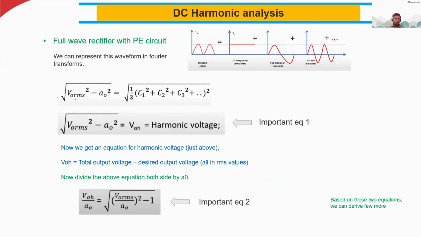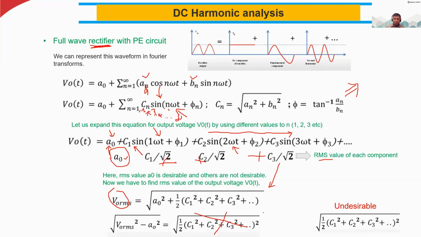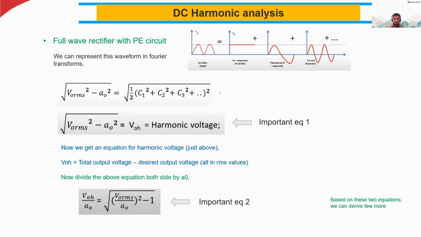Okay, so now square root of VO RMS square minus A0 square is equal to the same equation. Let us call this equation 1. I am bringing the same equation here, equation 1.